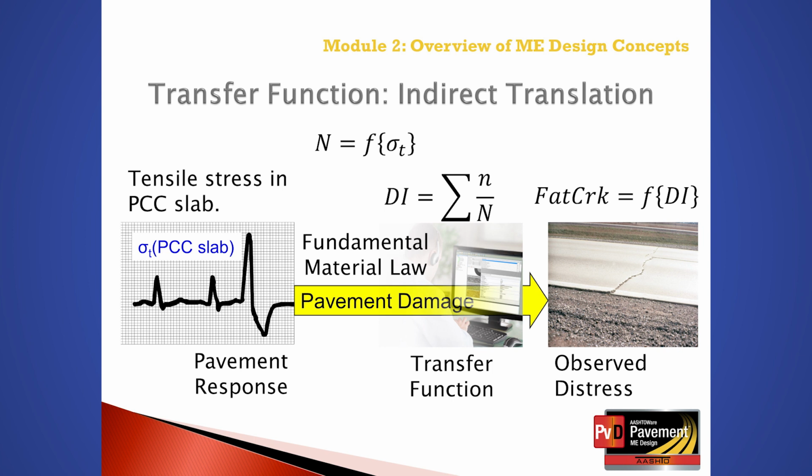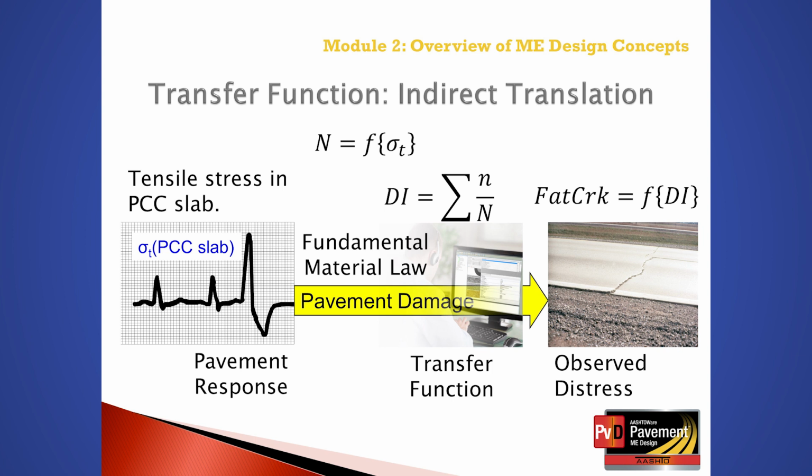The transfer function for the indirect translation is similar to the direct translation, except an additional computational step is required. For the example shown on the screen, the Portland cement concrete tensile stress is calculated at the top and bottom of the Portland cement concrete slab using the neural networks developed from ISLAB2000.